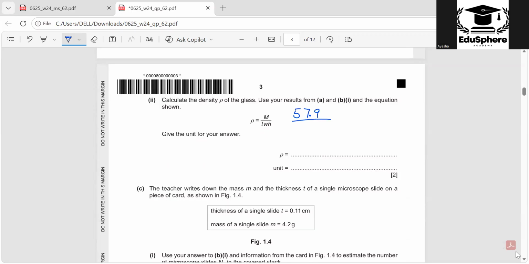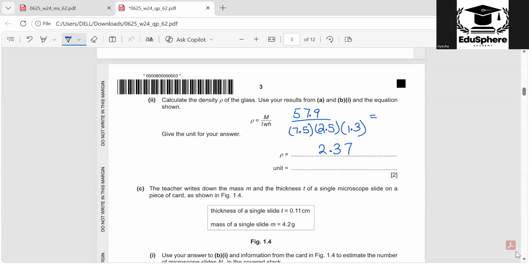The length, width, and height we have already calculated as 7.5, 2.5, and 1.3. We multiply 7.5 by 2.5 by 1.3 and divide 57.9 by that, and we get the density as 2.37.